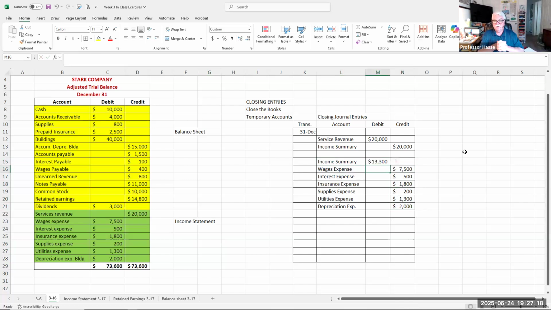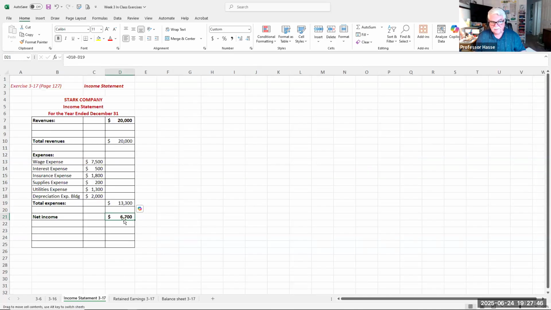So now I have closed all the income statement accounts through the income summary account. My last entry to close this out is to now zero out the income summary account. The income summary account has $20,000 of revenue in it and $13,300 of expenses. That means it has a credit balance of $6,700, which just so happens to be our net income.